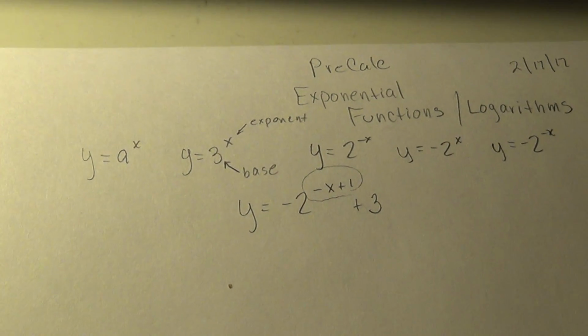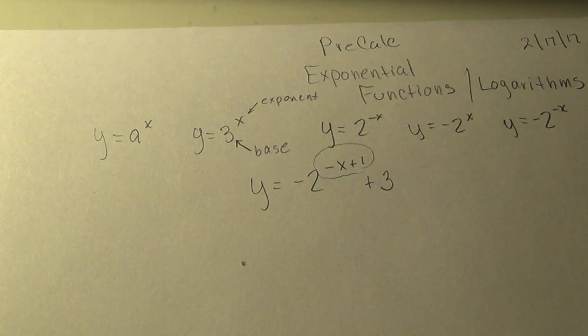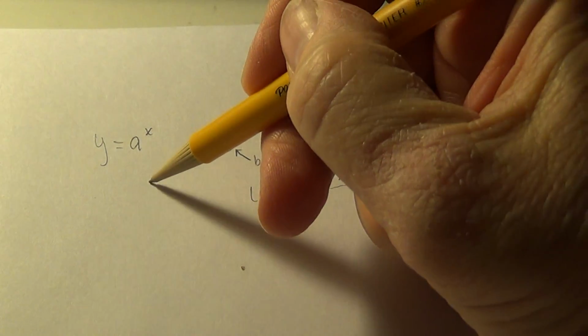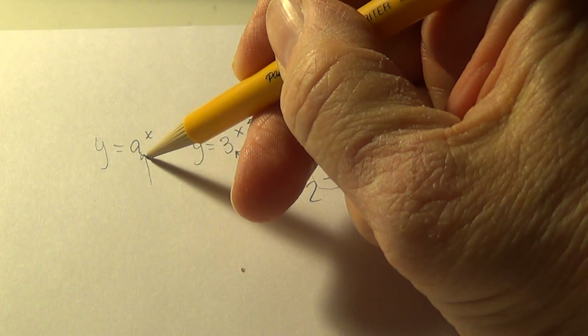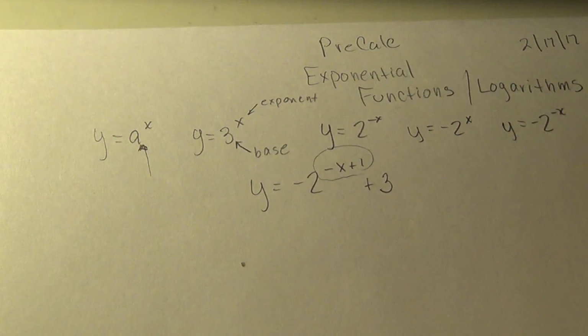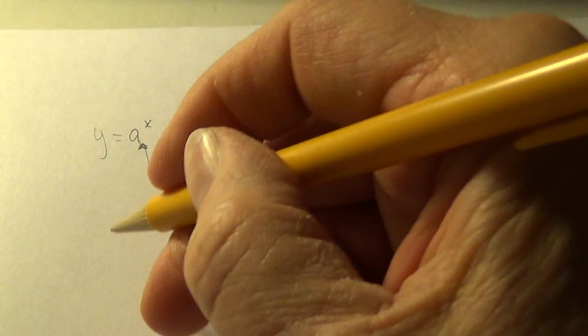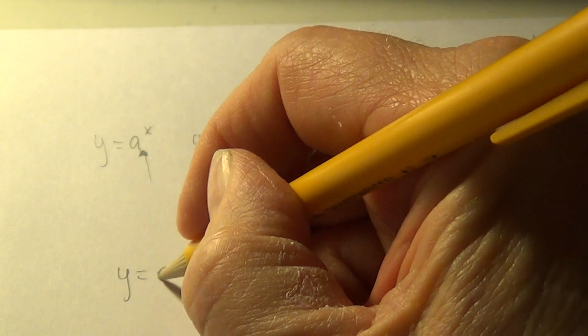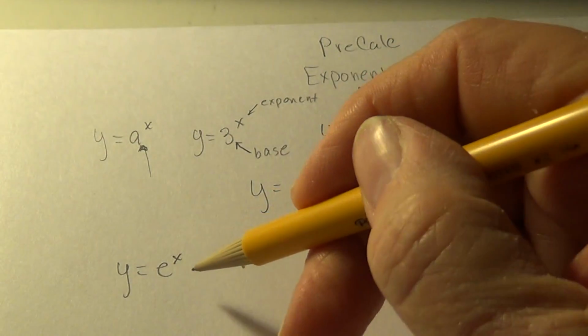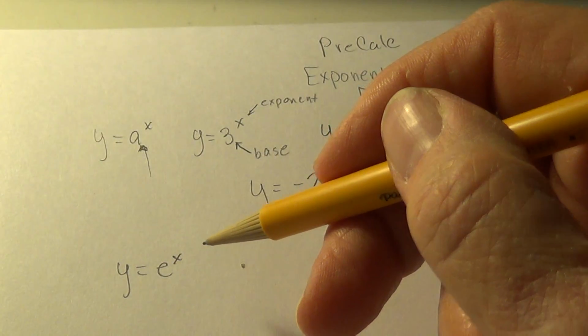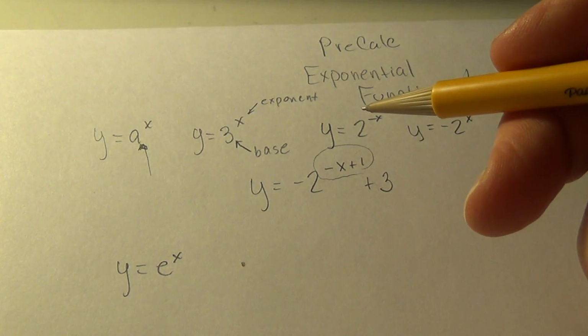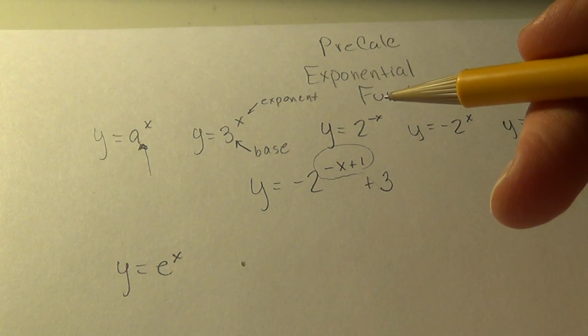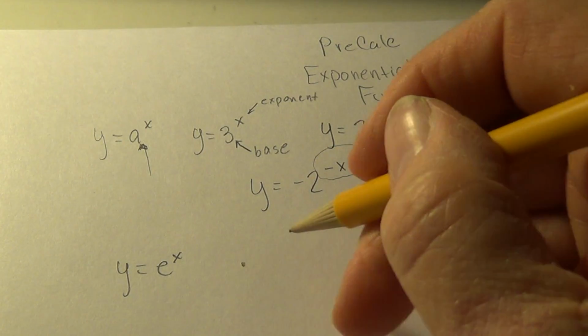Tonight, which I promised to do, is a very special base number, a very special exponential function. So the base that is very special is y equals e to the x. And e is a number, and Jacob Bernoulli, I think, discovered it.